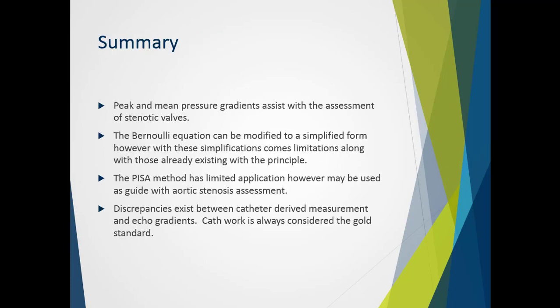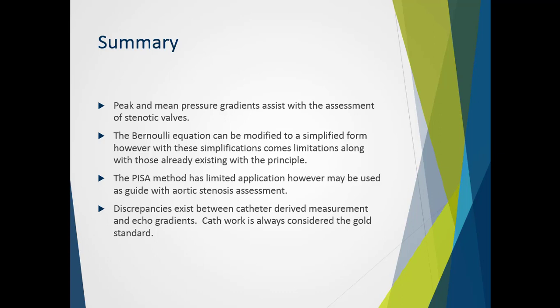In summary, peak and mean pressure gradients assist with the assessment of stenotic valve lesions, and particularly with the aortic valve. Basically, the more methods we apply, the greater the confidence we have in the investigation actually being performed on the aortic valve. The Bernoulli equation can be modified to a simplified form, but with these simplifications come limitations, along with those already existing with the Bernoulli equation itself.